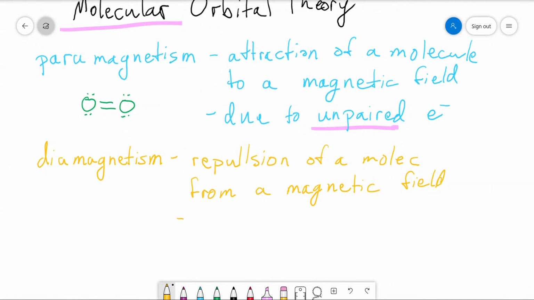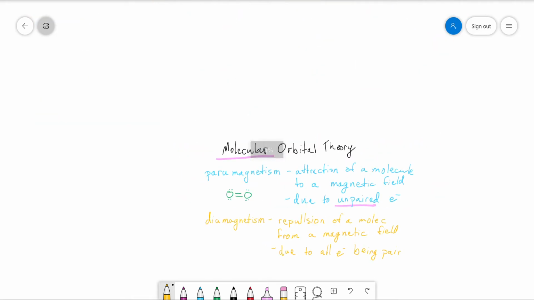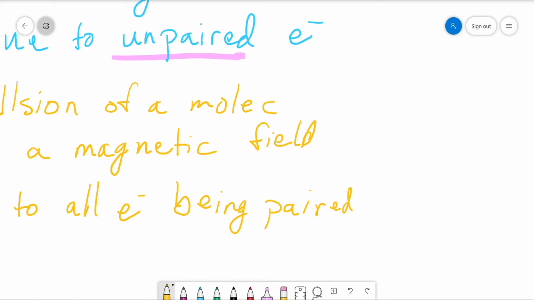And like I said, it's the opposite, so this is due to only paired electrons. So all the electrons are paired in this case. All right.